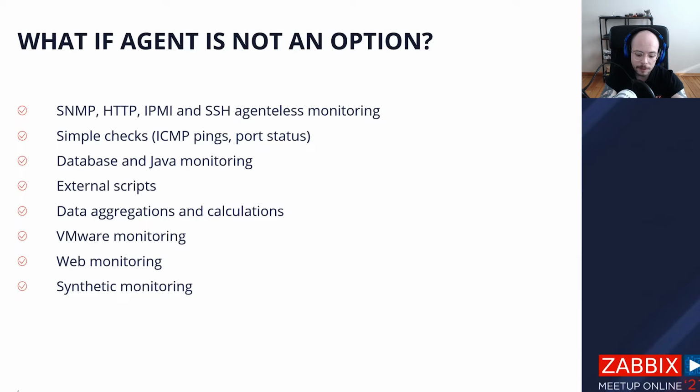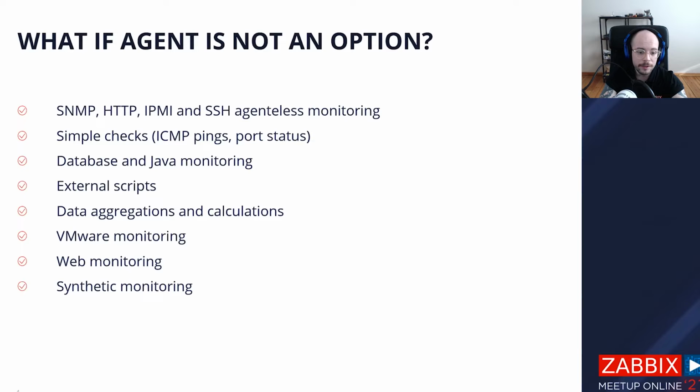And of course, in some cases, we want to monitor a VMware environment, and Zabbix integrates with that quite nicely out of the box. Then we also have web monitoring, which works for simple website logic: perform a login, check if login has been successful, perform a forum post, check if the forum post has been successful.